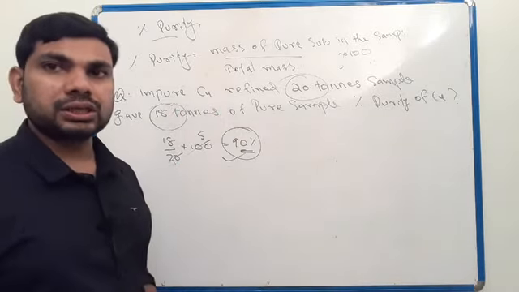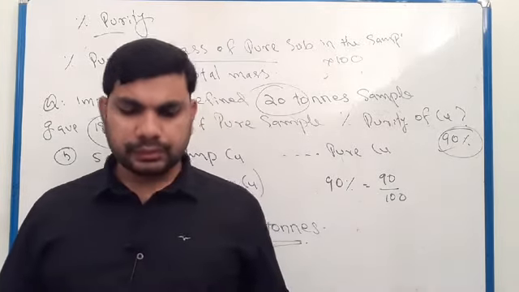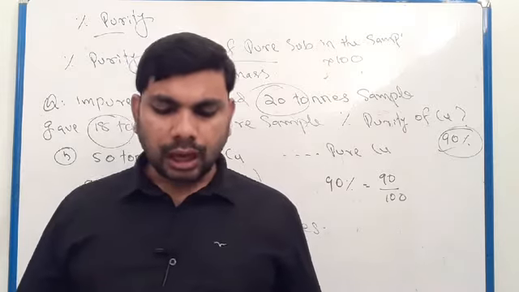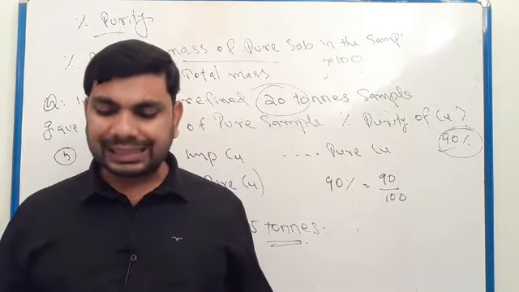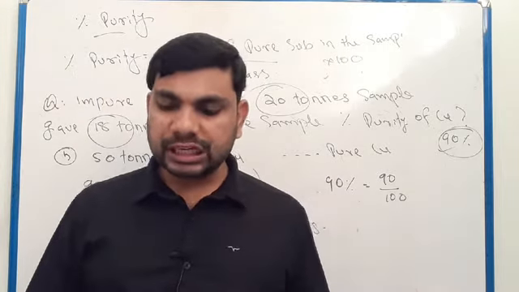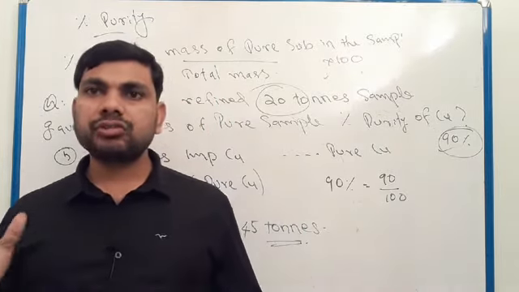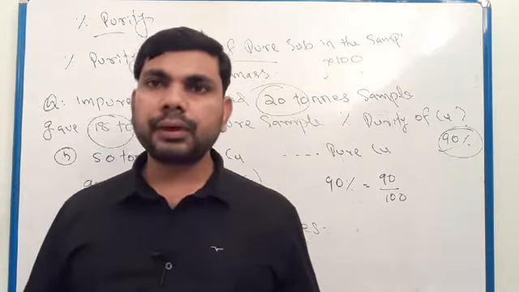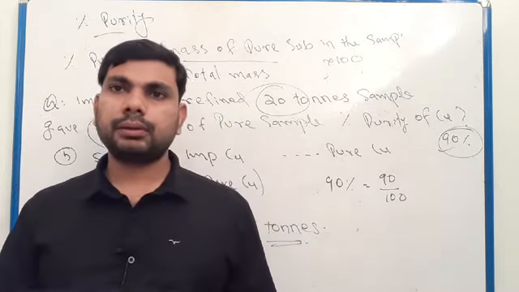90 percentage. Clear? Okay, based on this next question here, how much pure copper will be obtained from 50 tons of impure copper? We have 50 tons of impure copper. So this 50 tons impure copper gives how much pure copper?